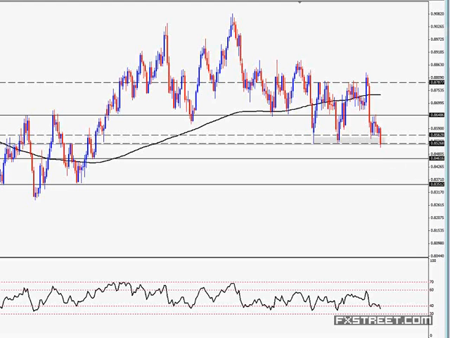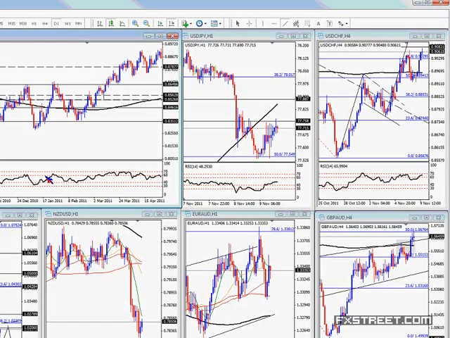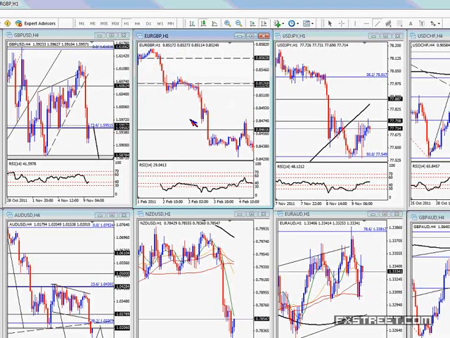So that's the euro pound. It definitely is bearish, but the question is for how much longer, because it is a very choppy market, as we've seen in the daily chart.